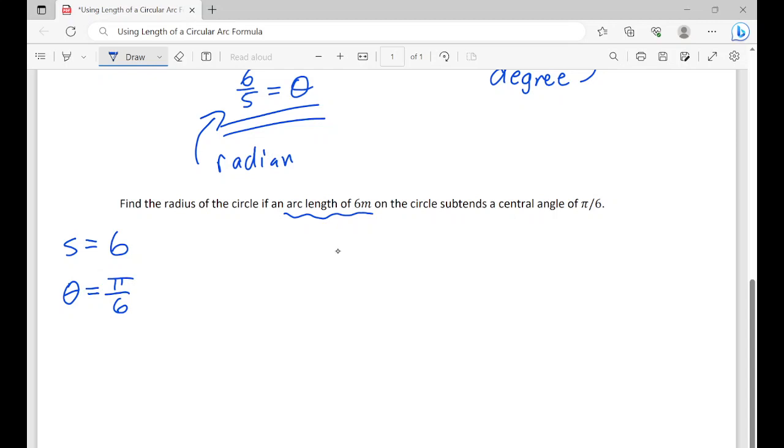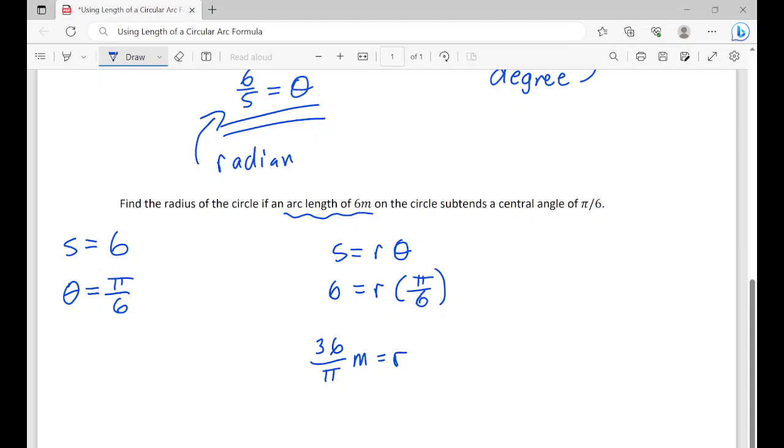So s equals r theta. 6 equals r times pi over 6. Now I'm just going to divide by pi over 6, so we'll flip and multiply, and that'll end up giving me 36 over pi meters for r.